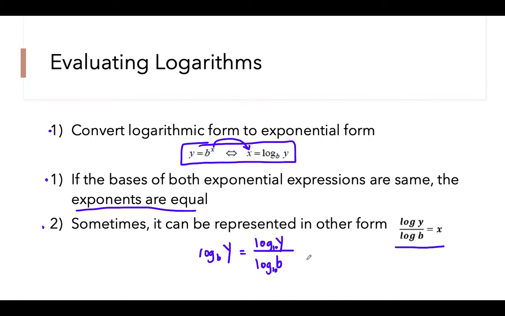The reason why we're doing this is because we can now input the logarithm on our calculator. Most calculators, when you see the log button, it's always base 10. But if you are able to input the base over here, x and y, let's say, that means you have a better calculator and you don't have to do this step.